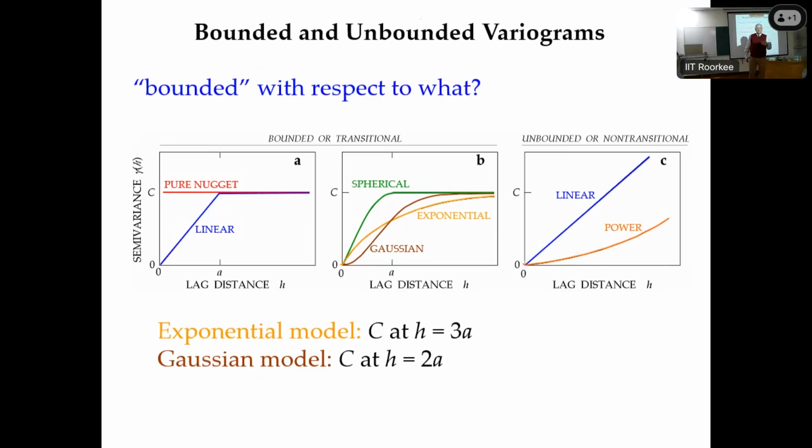We have an increasing content of soil organic carbon. That increase without a stop in the organic matter content would just manifest the trend, and that goes with a linear semi-variogram model.